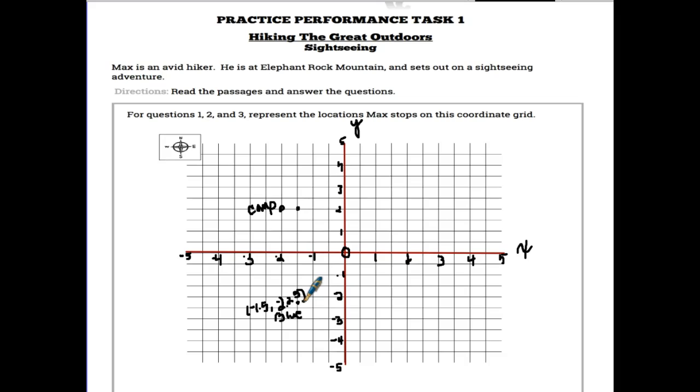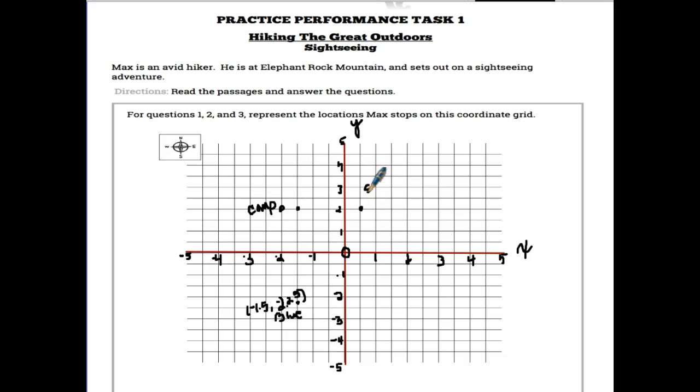Okay, now, Elephant Rock viewpoint is going to be 2 miles east. So Elephant Rock viewpoint from here is going to be 2 miles east. So that's going to put me right here.